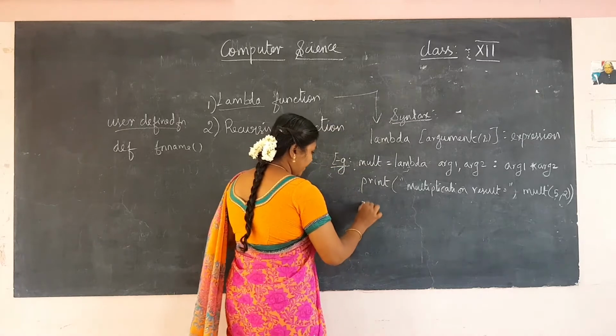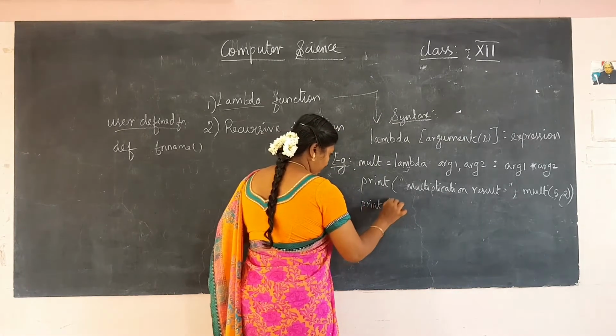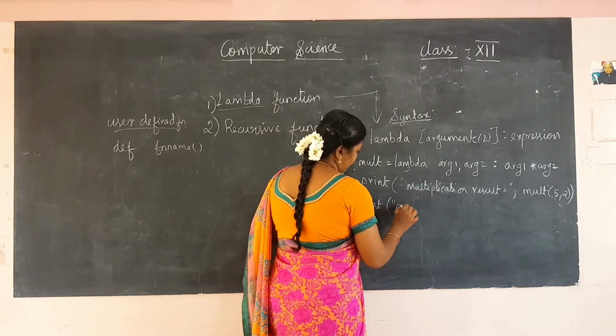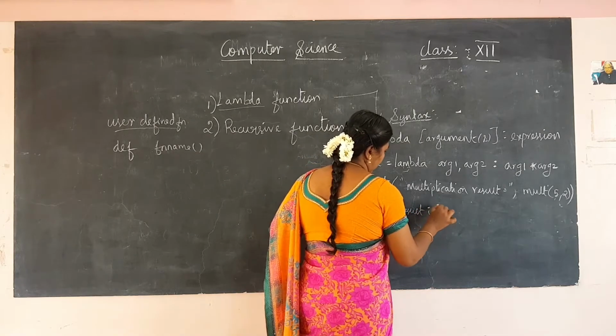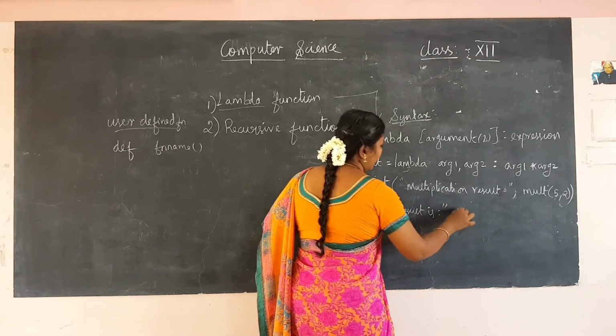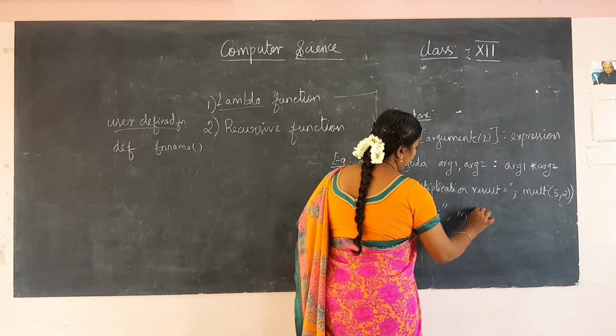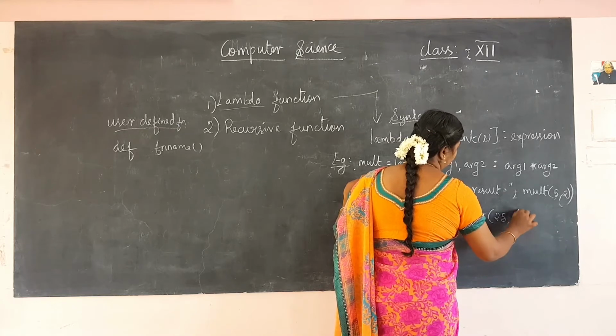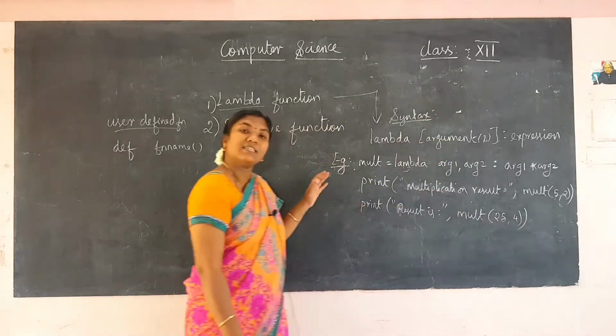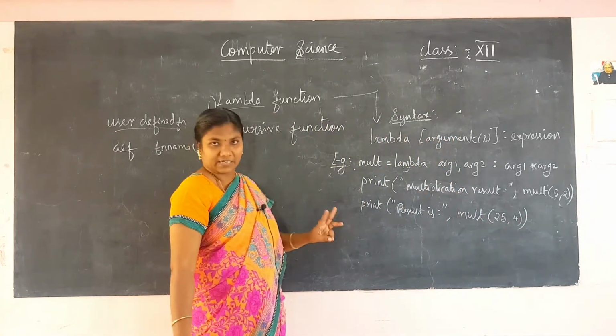Next I am giving another print statement, "result is", comma, mult, and in brackets 25 comma 4. So this is the simple Python program with 3 lines.